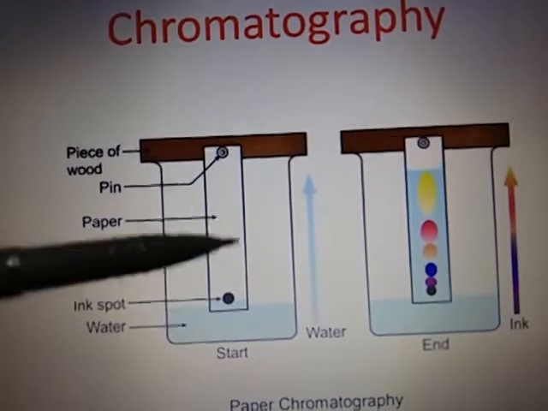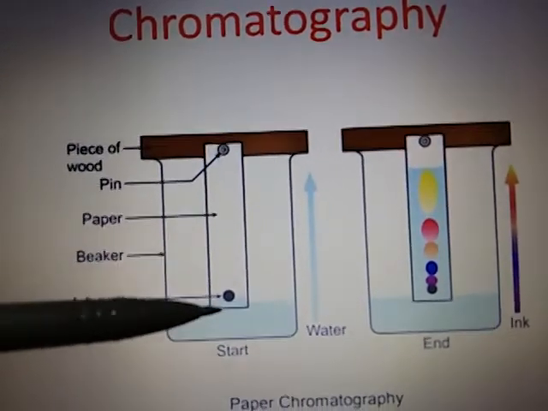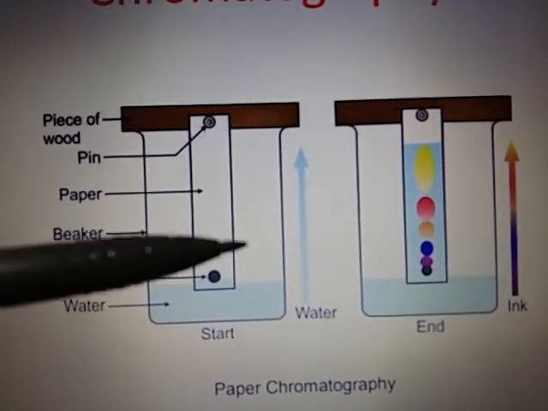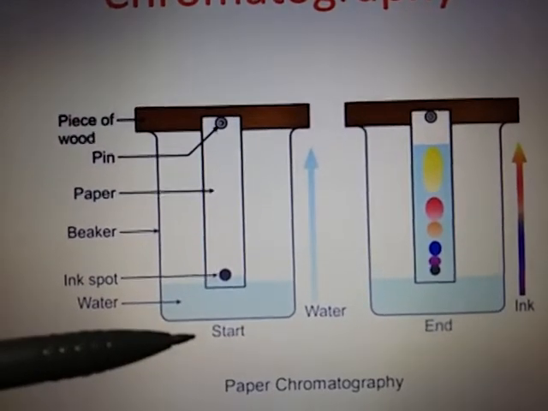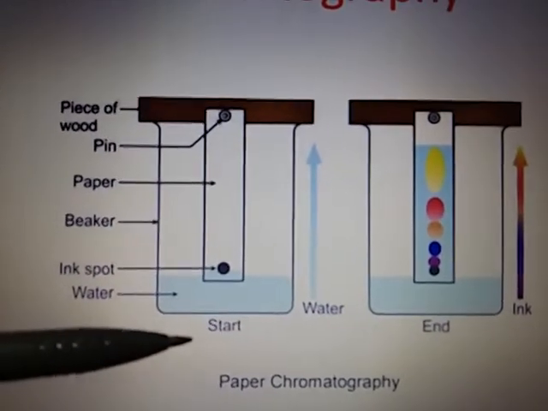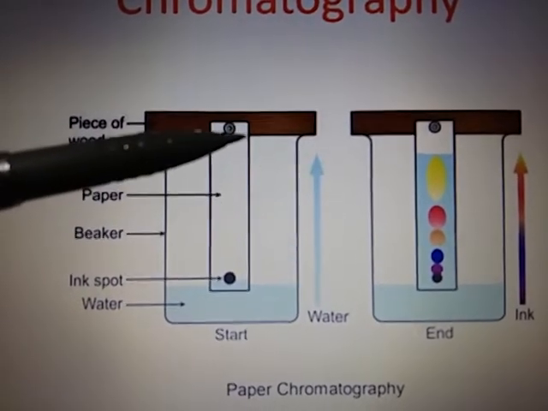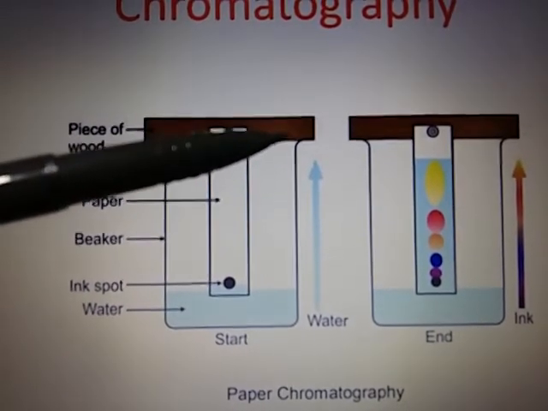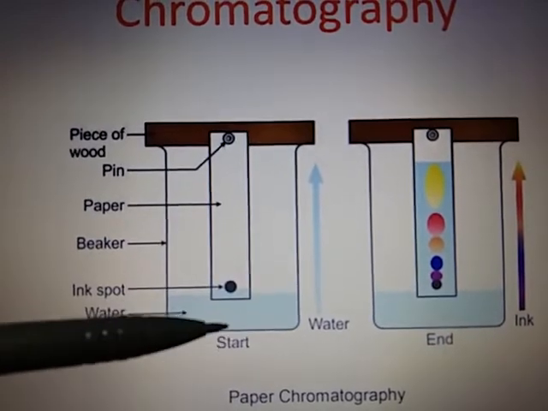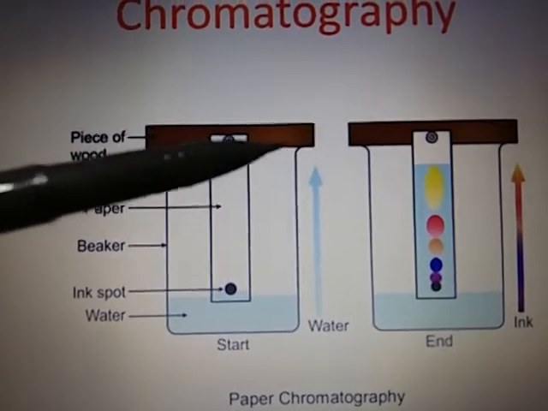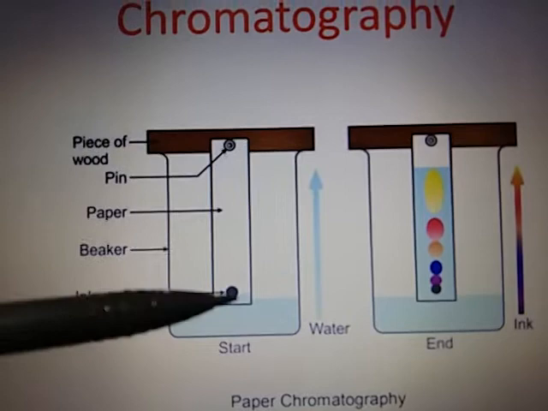A strip of this filter paper is used, and this filter paper also contains some moisture. So it is placed in a glass jar. It is also known as a gas jar. Okay, then closed from the top.